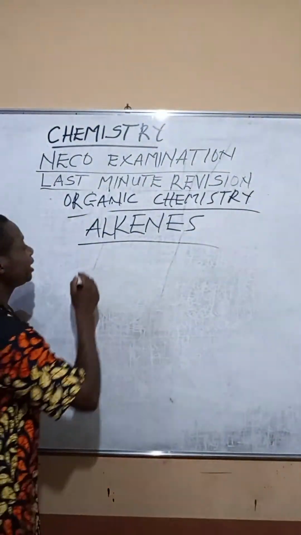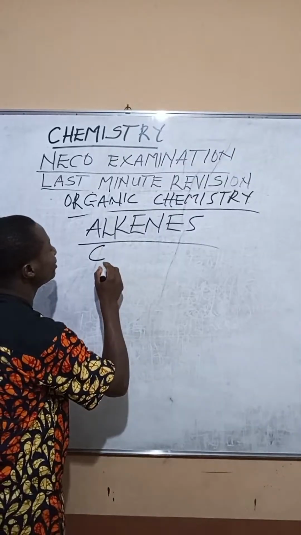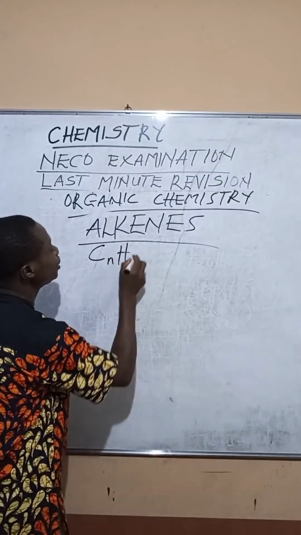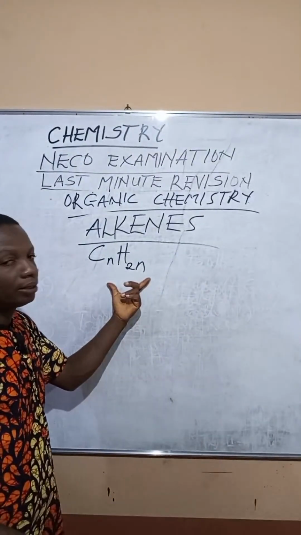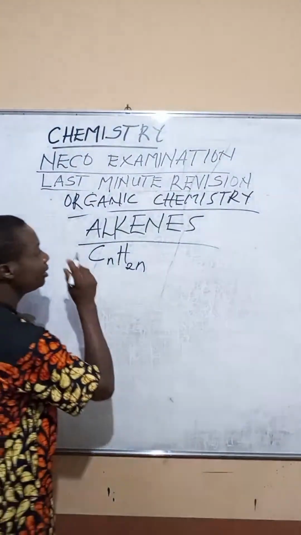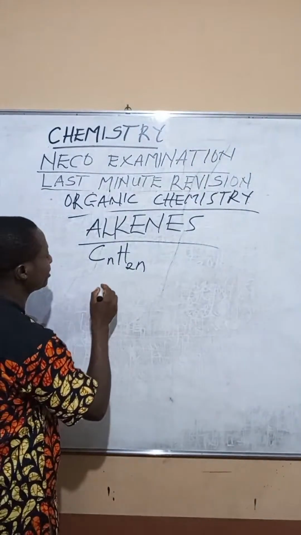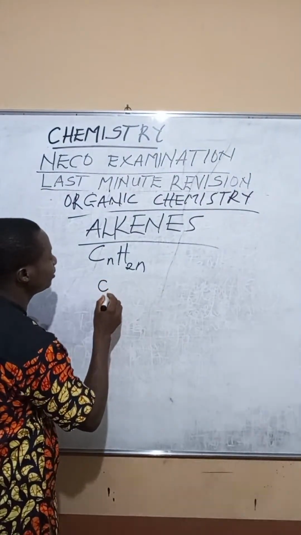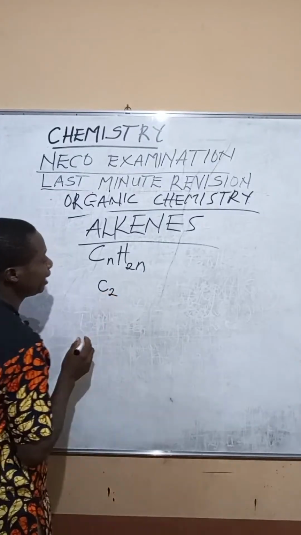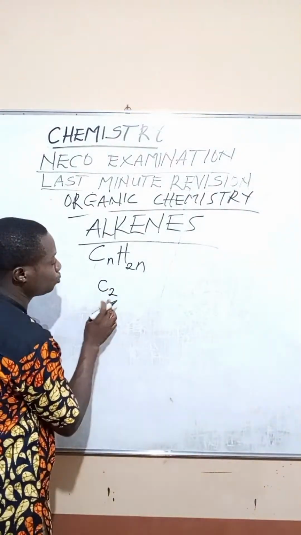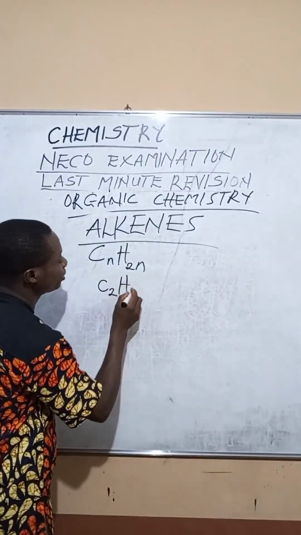So the general formula for alkenes is CnH2n. This is alkene, right? So the smallest is, if you put 2 here, you have ethene, right? Ethene is C2H4.